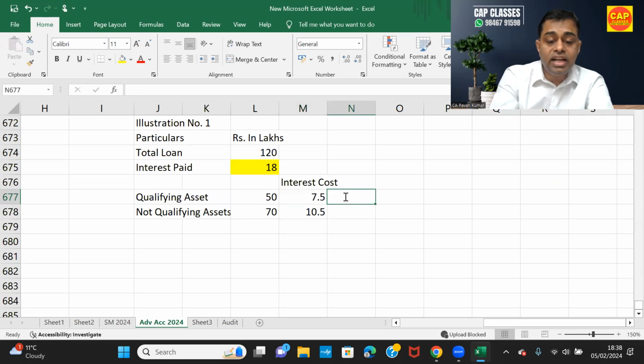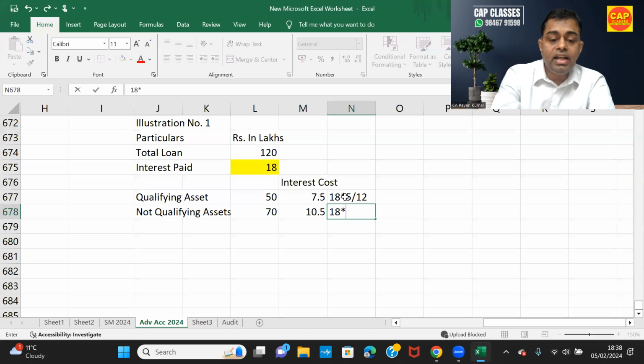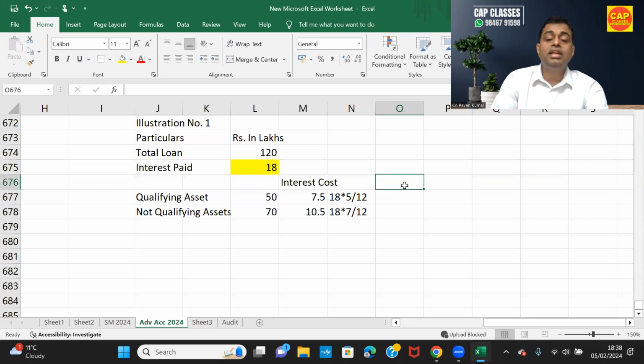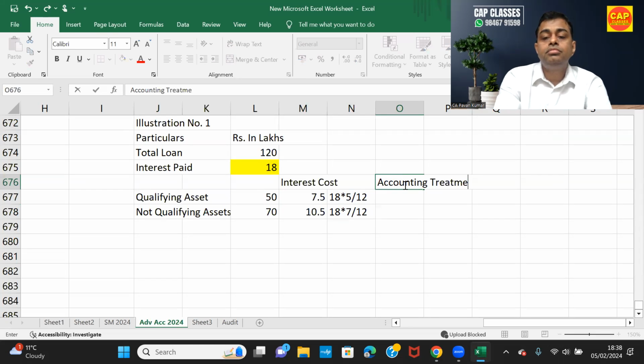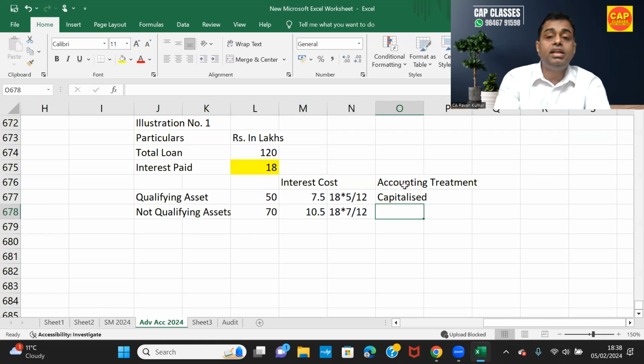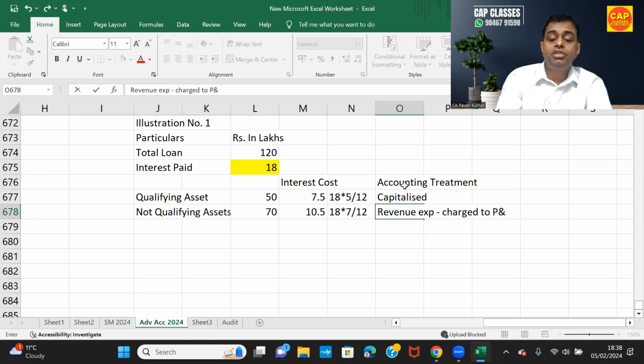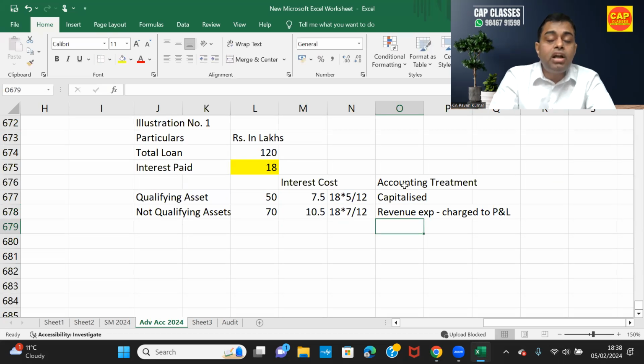How did I calculate this? It is 18 into 5 upon 12. It is 18 into 7 upon 12. This is the interest cost. Now, accounting treatment. This part is to be capitalized. This is a revenue expense charged to P&L, treated as an expense in the statement of profit and loss.